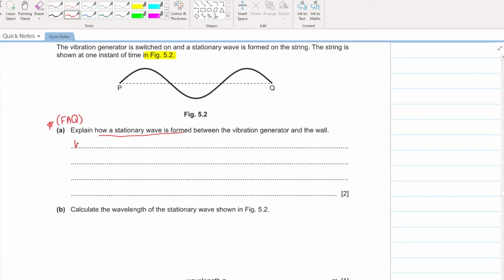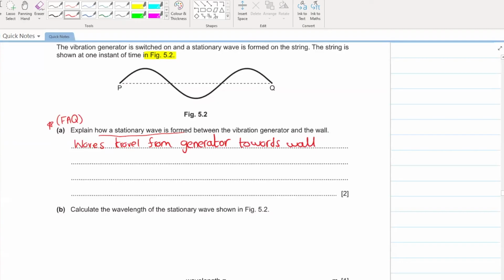First point that you will write here is: waves travel from generator towards wall.